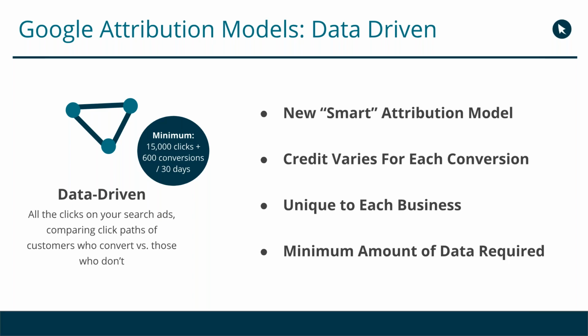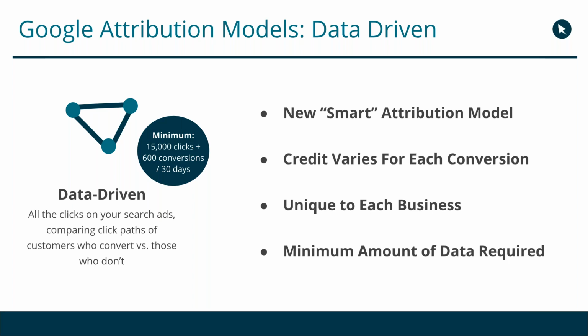What it does is attempt to split up the credit for each touch point, but it's based completely on Google's algorithm. We don't know if they're using position-based or time decay or what. It bakes in all this other customer data, like where they're located and what their shopping habits are. Do they tend to be a first interaction shopper or a last interaction? There's so much data that goes into it that we don't really know. It's a bit of a black box in terms of how they actually built this.